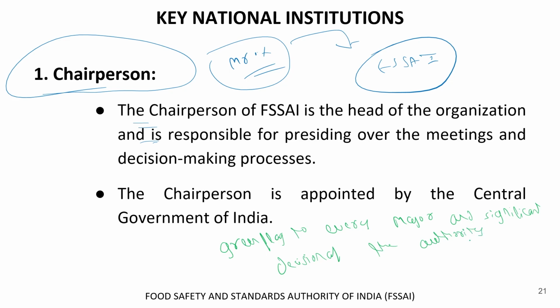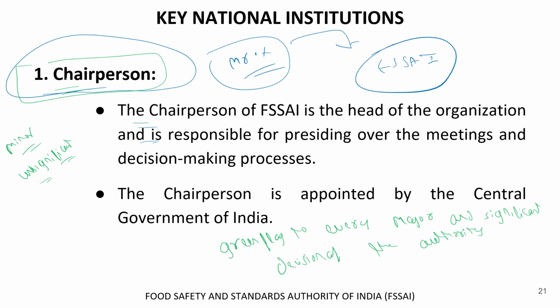Why am I saying major and significant decisions of the authority? Why not all the decisions? Because there might be some minor, insignificant decisions, like about one manufacturer or two manufacturers. If this kind of decisions are also being considered by the chairperson, then what do you think?